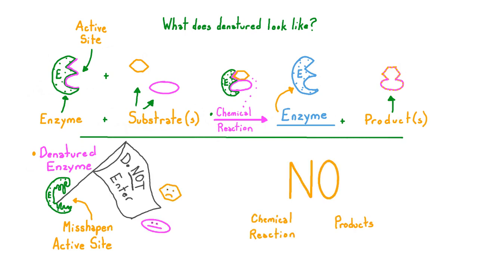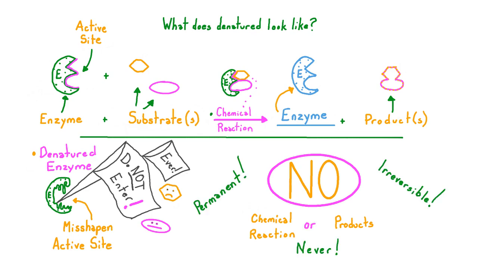The active site of the enzyme does not have a complementary fit for the substrate anymore. So they can't bind, and then there's no chemical reaction and no product or products. This is why high fevers can be fatal. Once the fever gets high enough to start denaturing enzymes, those life-sustaining chemical reactions just don't happen enough anymore.